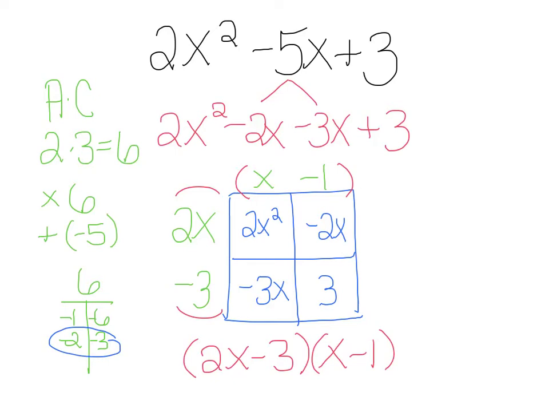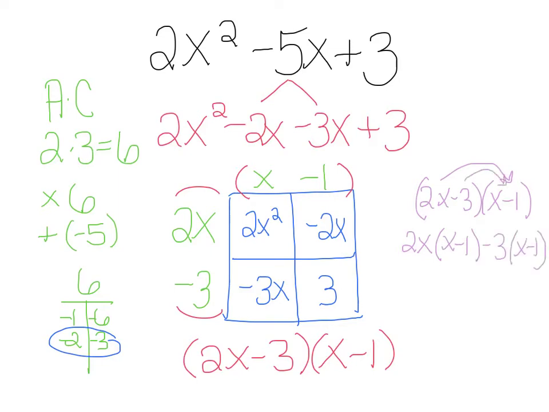Just to be sure, let's double check our answer by multiplying out. If I have 2x minus 3 times x minus 1, I'm going to do it with the distributive property, so 2x times x minus 1 and negative 3 times x minus 1.